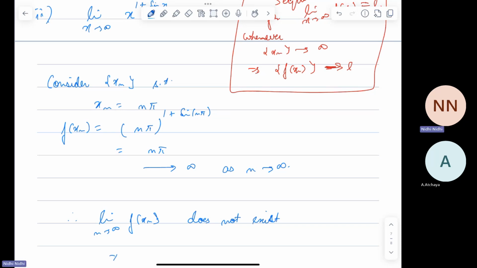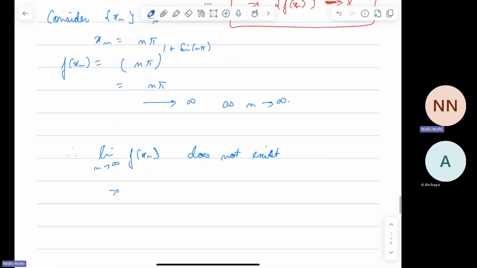This implies by sequential criteria, limit x tending to infinity of x to the power 1 plus sine x does not exist.